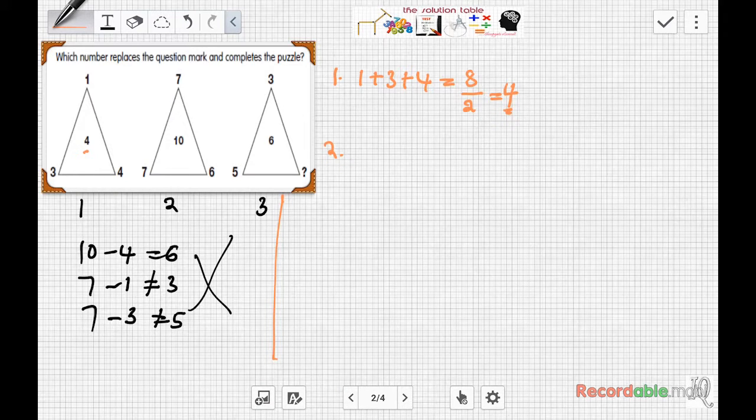This means that we have to sum the numbers on the various vertices and divide by a common denominator 2, and that should give us the number in the center.